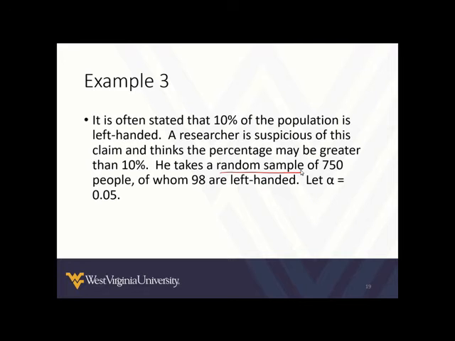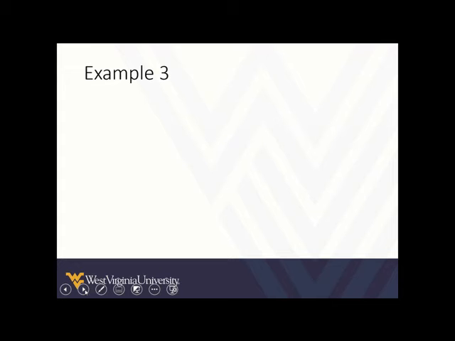So our assumptions hold, and it is appropriate to use the one proportion z-test. Now we can begin by writing out the information that we know. P naught is 0.10, our X is 98, our sample size is 750, and we're using an alpha level of 0.05.